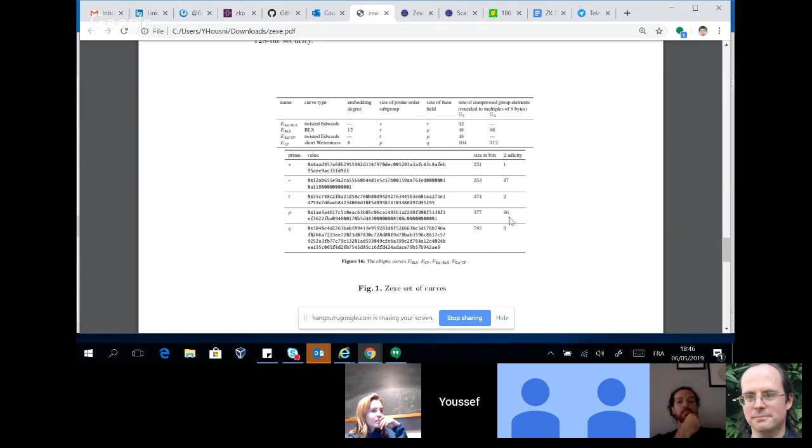46 is quite good. I think that in their constructions, they chose only those that have what we call the 2-adicity, or the 2-adicity order, greater than 40. I think there is a way to do this in the BLS curve because, in pairing-friendly elliptic curves, you need a lot of requirements, and the best way to come up with a family of elliptic curves is to change those requirements from integers into polynomials.